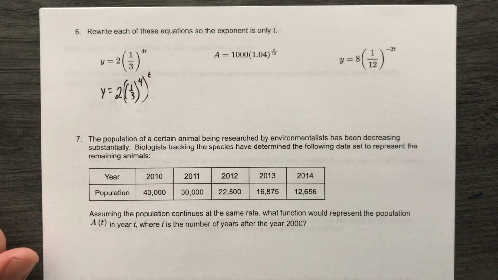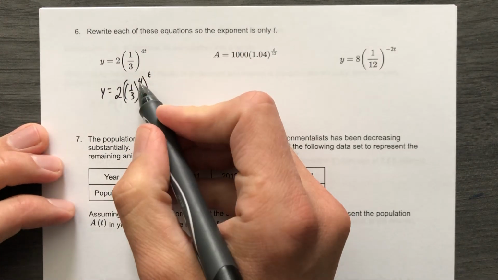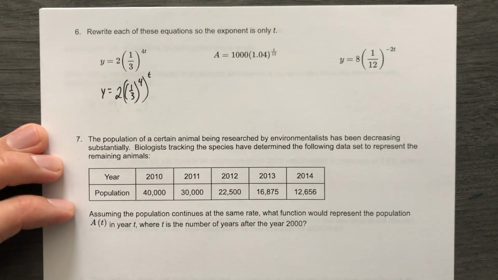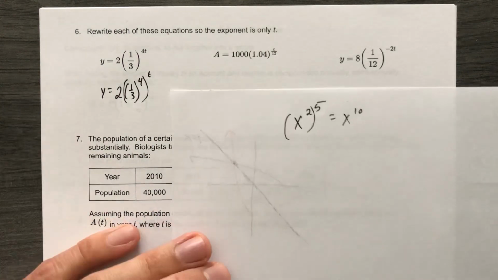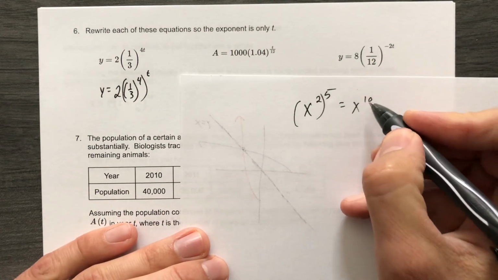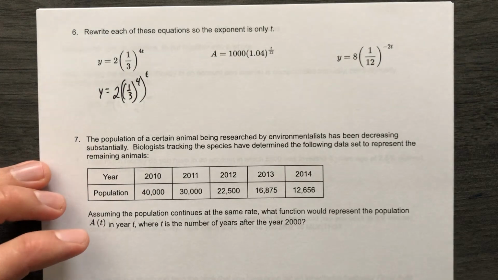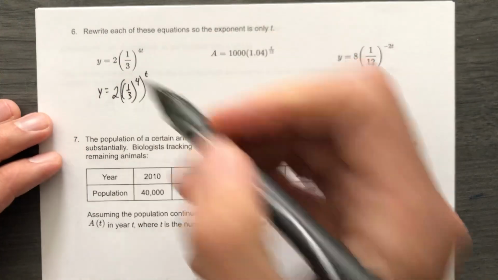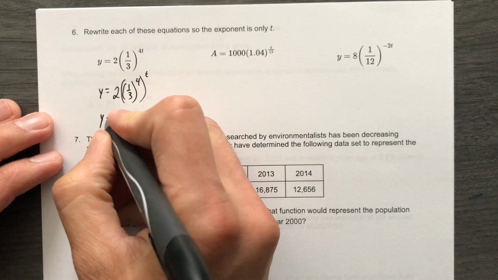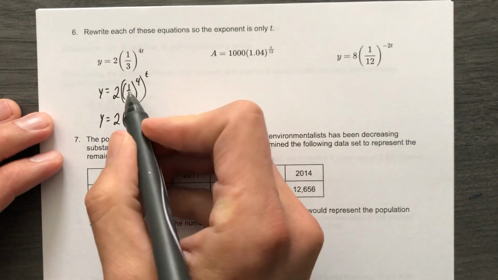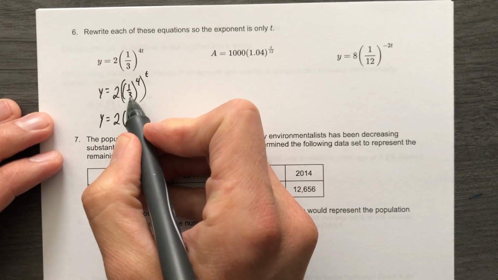That's okay. I can totally do that because this would be 4 times t, which is what I have, which is exactly what I just did. I could say 2 times 5 gives me 10. I could say 4 times t gives me 4t. But now, instead of making it 4t, which would be working backwards, I'm really going to do 2 times, okay, what is 1/3 to the 4th power?